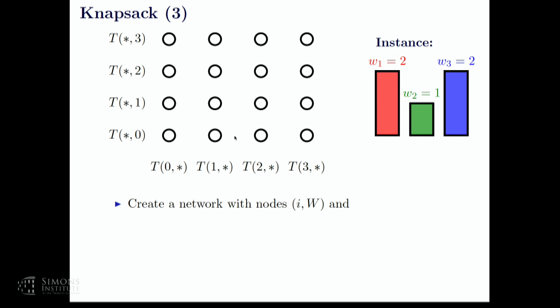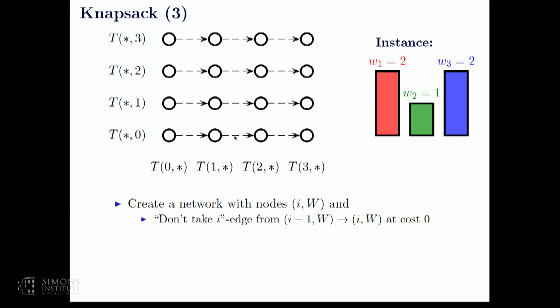And let's create a network as follows. We're adding two types of edges. We consider every one of those nodes as a state. And we're adding a directed edge between a state and the neighboring one, and we give a cost of 0 to this edge. And these edges correspond to the decision that I don't want to take the ith item.